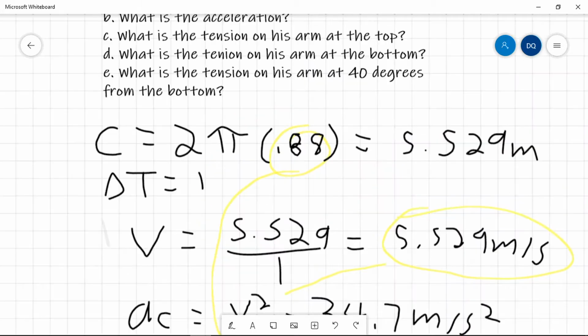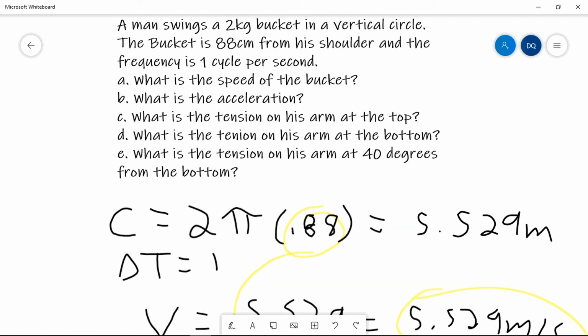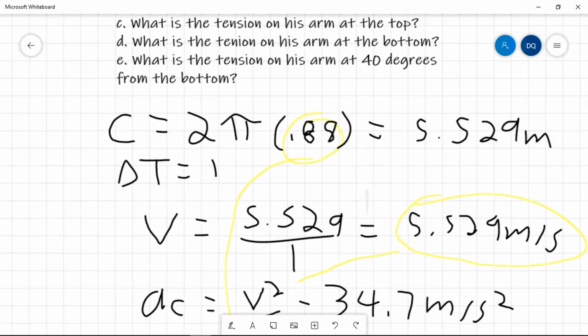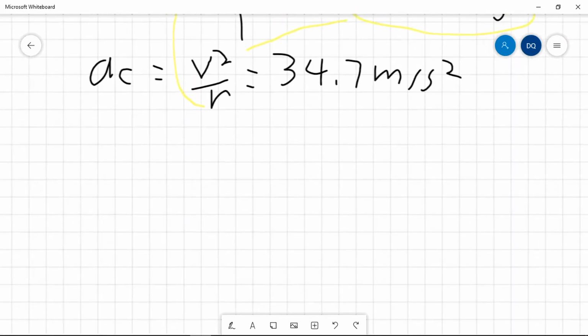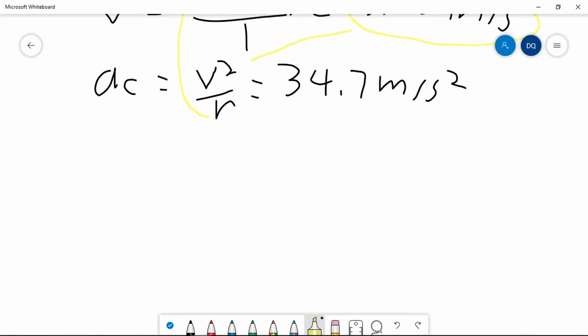And we're now in a position to answer a couple other questions, such as what is the tension in his arm at the top, and what's the tension in his arm at the bottom? Now, the dynamics of a body that's moving in a circle is it's going to have a force. We call that the centripetal force. That'll be the net force on the object. It's always towards the center of the circle around which it rotates. And as always, F equals ma, so centripetal force is the mass times the centripetal acceleration.